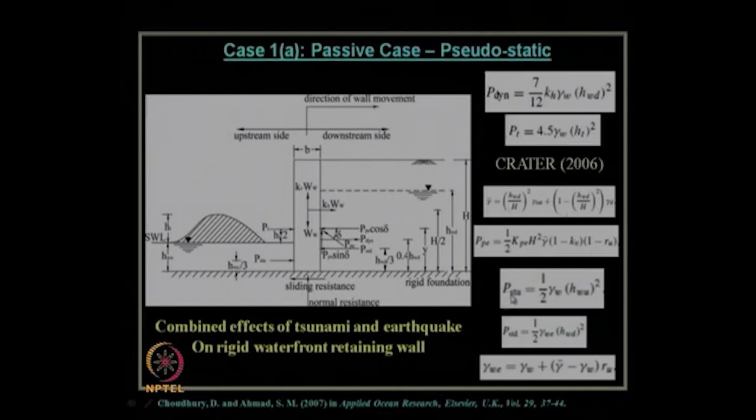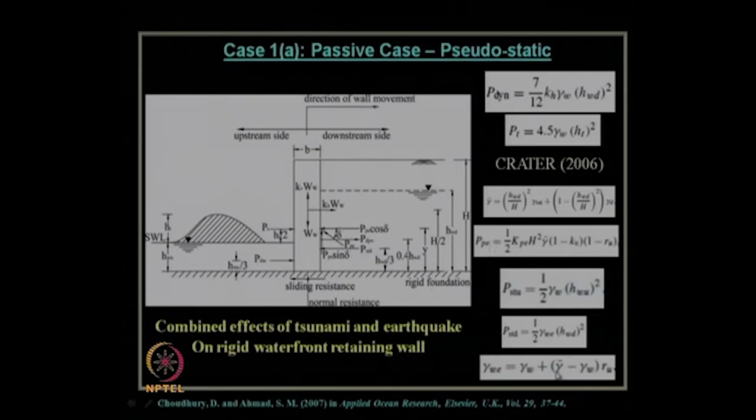How much is the hydrostatic pressure on the upstream side? That will be half gamma W, the water unit weight, times HWU whole square. And what is the hydrostatic pressure on the downstream side? Half gamma WE times HWD whole square. Here why is it not gamma W, but gamma WE? Because gamma WE is the effective water pressure, gamma W plus... already you have taken this gamma bar, the effective unit weight of the soil, in this earth pressure calculation.